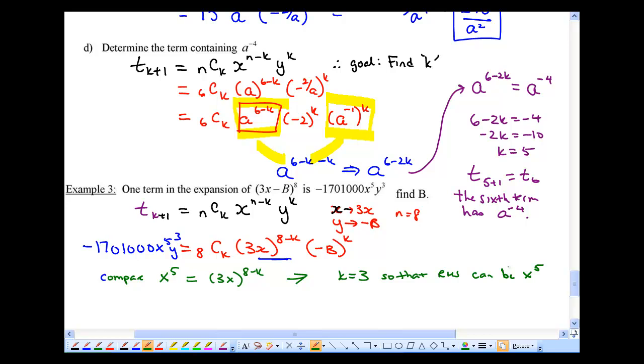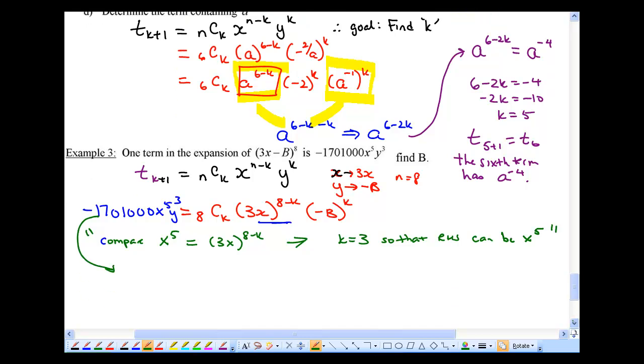So knowing this, I'm now going to go back to the previous statement, and now I can say negative 1,701,000 x to the power of 5 y cubed is equal to 8c3. And then this now becomes 3x to the power of 5 times negative b.